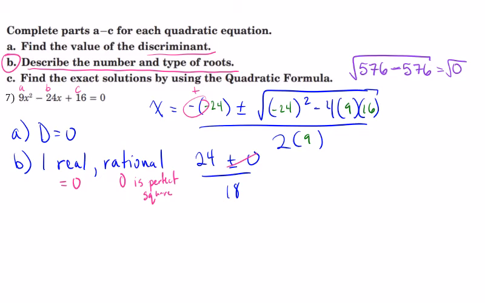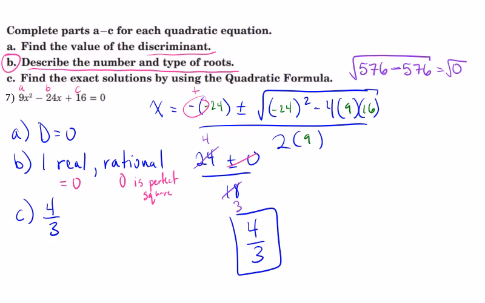We can reduce that. 6 goes into both, so it's 4 over 3. That's our final answer, 4/3, just one answer this time. So that's when we get one solution, when the discriminant is 0. If what's underneath comes out to 0, you're going to get one solution, and it's going to be real and rational. Here's our exact solution.